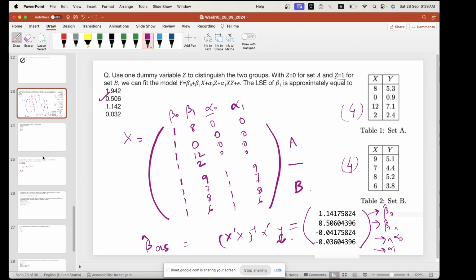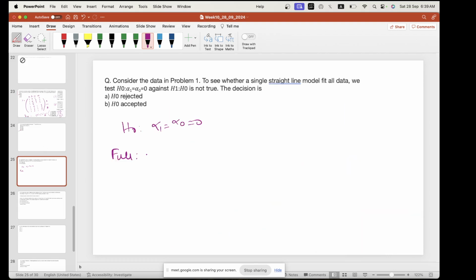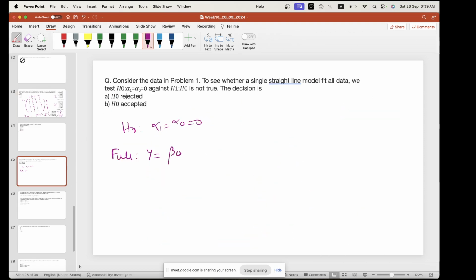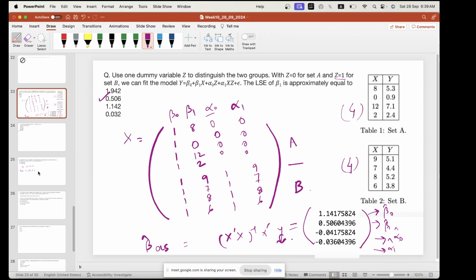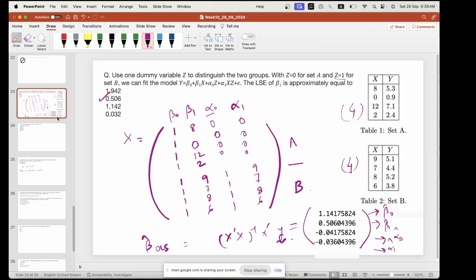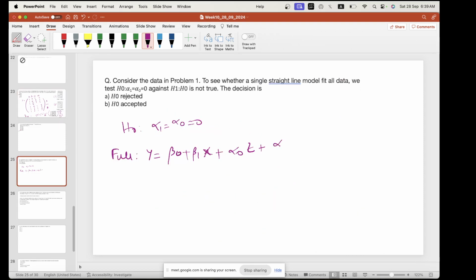Full model is, I'll write it down once again. Full model is y equal to beta naught plus beta 1 x plus alpha naught z plus alpha 1 xz plus epsilon.